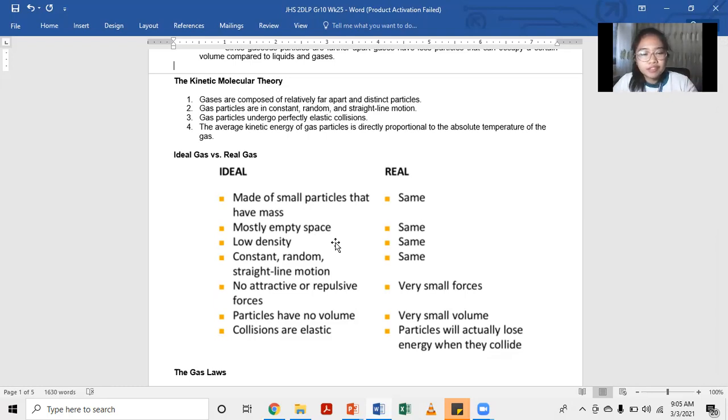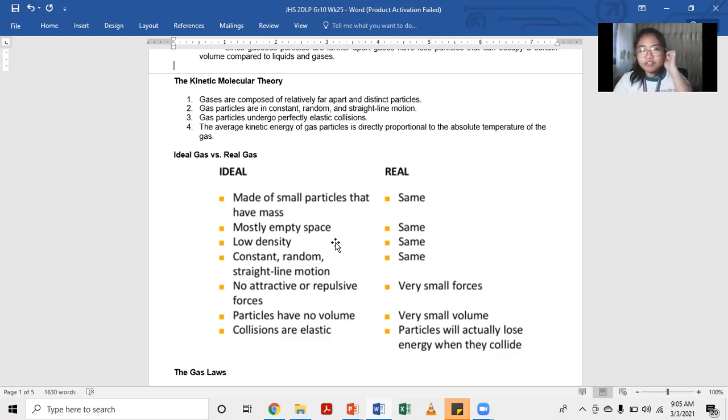Kasi yung gas particles na nasa loob ng balloon ay nag-exert ng pressure dun sa gilid, sa loob, sa sides ng container, which is the balloon. And since a balloon is stretchable, nag-give in siya dun sa pressure at nag-expand siya.